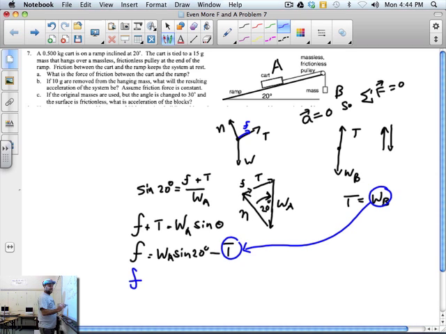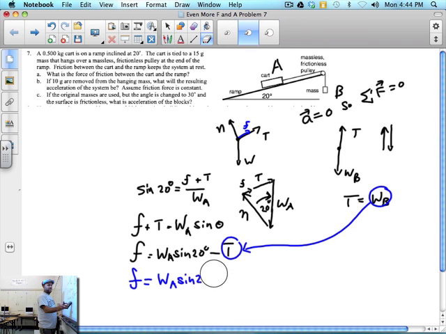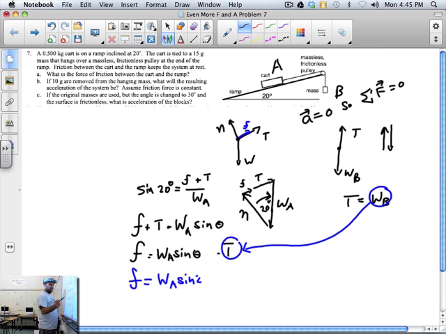Since the system is not accelerating. So the weight of object A sine 20 degrees, sine theta, sorry. Sine theta, WA sine theta minus T.